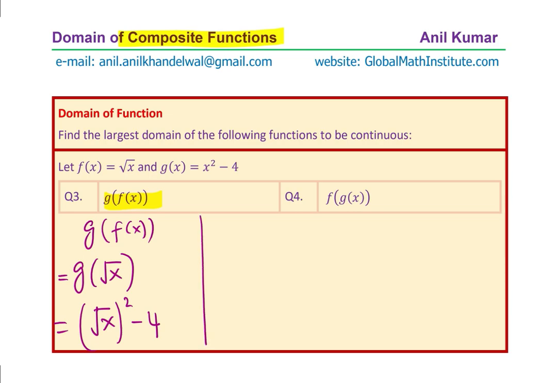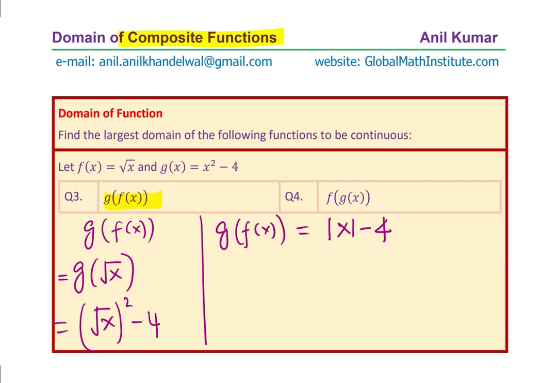This function is, let me write down once again, g of f of x. It is not x minus 4. It is equal to the absolute value of x minus 4. You get the idea. That is the function we are talking about.